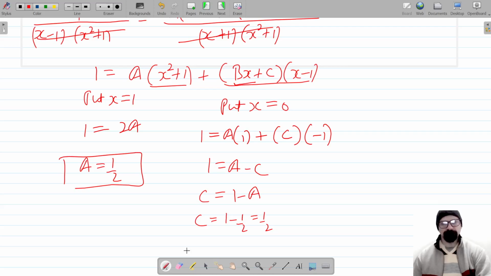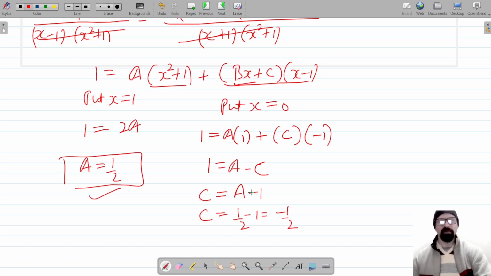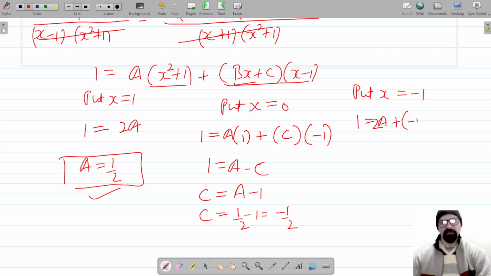So we have got the values of A and C. C should be equal to A minus 1, and A minus 1 means half minus 1, which gives me C as negative half. Now let me put x is equal to negative 1, which gives me 1 is equal to A into 2, negative 1 squared is 1, so this is 2A plus negative B plus C into negative 2.